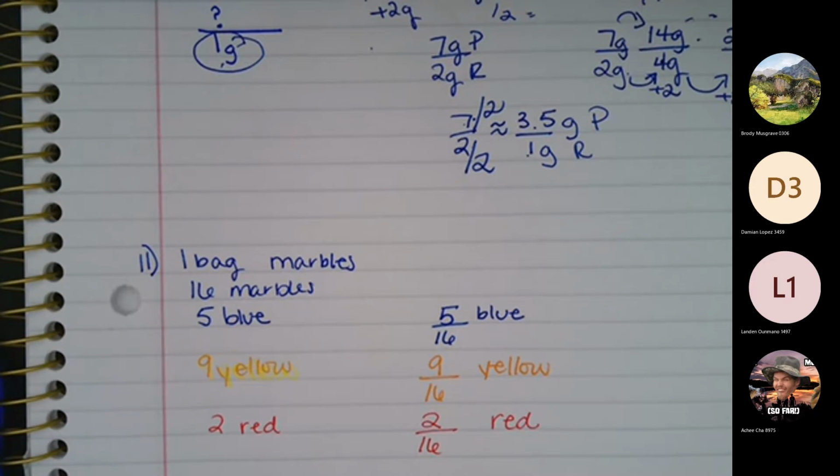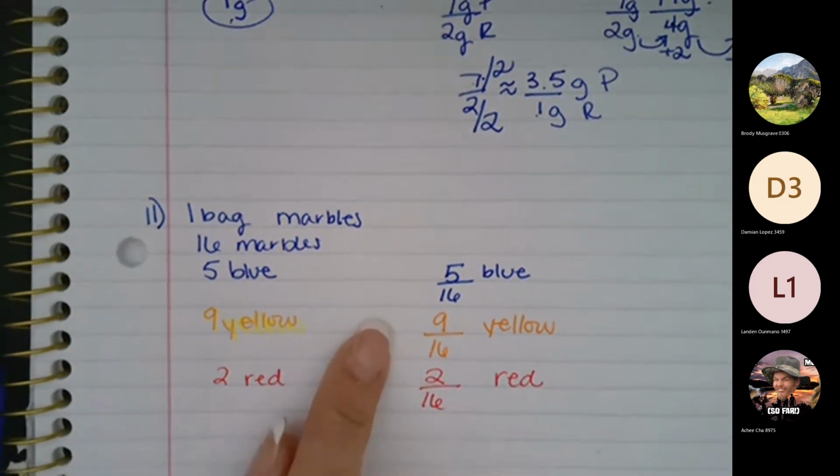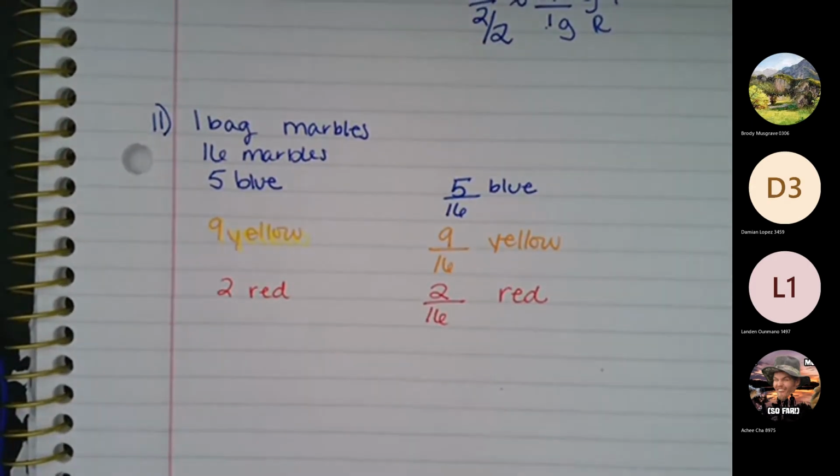It is unlikely that a yellow marble will be selected. Well, if I look here at my ratios, if I have 5 out of 16 that are blue, 9 out of 16 are yellow, and 2 out of 16 are red, I have the most marbles in yellow. Most of my marbles are yellow, right?